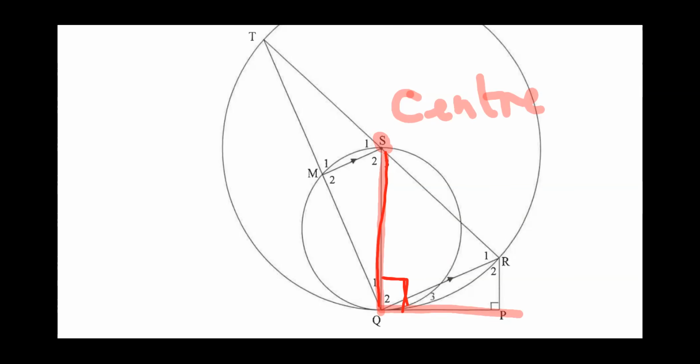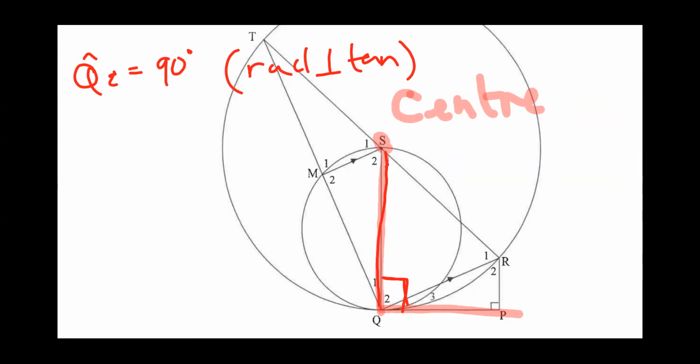How do we write this out? We'll start off by saying that angle Q2 is equal to 90 degrees, radius perpendicular to tangent. Mustn't we say SQP because Q2 goes to R? Thank you, yes, you are right. Q2 is only that fraction of the angle.